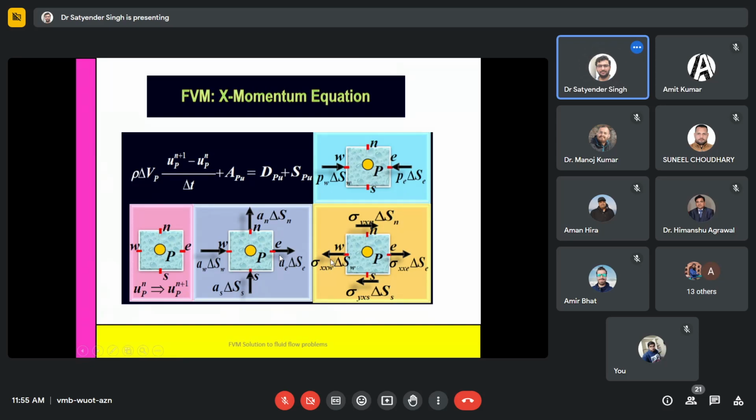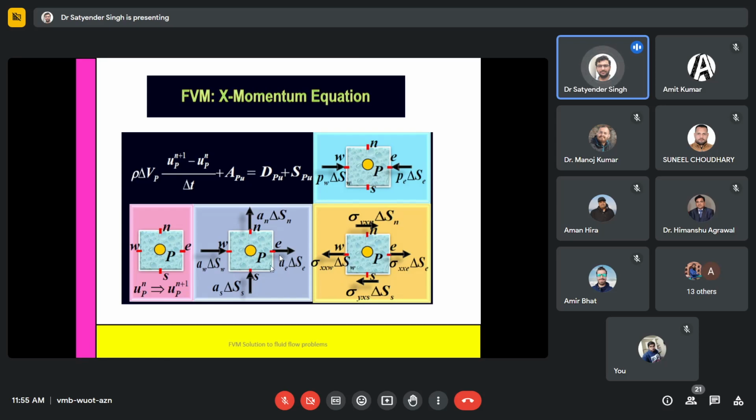Let's say for balance in the x direction, I'm getting the variables sigma xx and sigma yx. I have the differential formula for the sigma from Newton's law of viscosity.